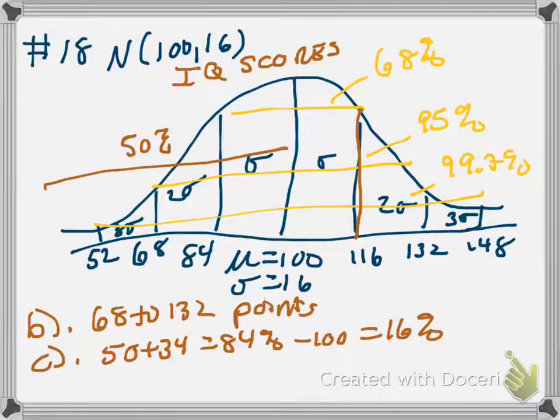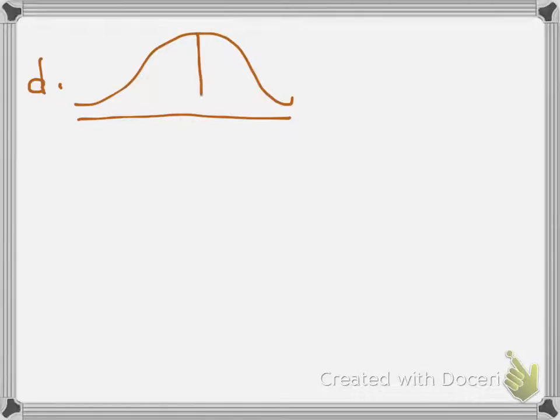D. What percentage of the people should have scores between 68 and 84? Okay, well, I'm going to go erase this. Go to the next page, okay? So what I typically do, even though I draw that one big picture, I draw the spine again, and 84 was 1 standard deviation, and 68 is 2.